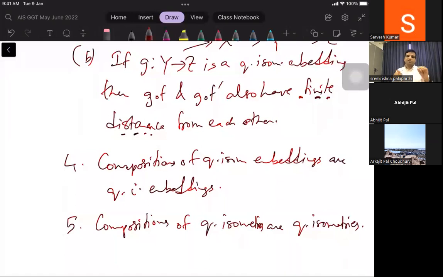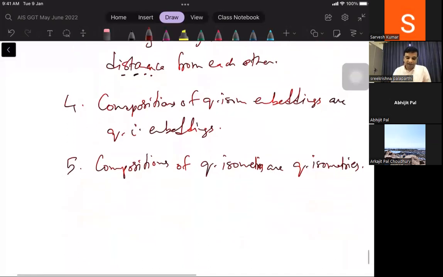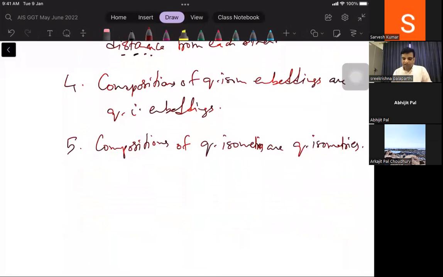So if you take maps which are quasi isometries and quotient by finite distance, putting an equivalence relation that two maps are equivalent if they are at a finite distance from each other, then that becomes a nice category of sorts. So you can expect that you can construct a quasi isometry group. So let X be a metric space.